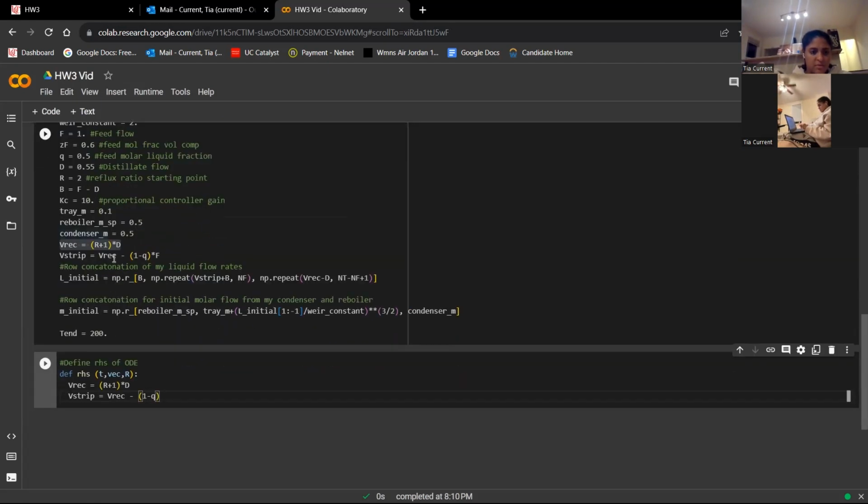V strip is equal to vrec minus 1 minus Q times F, like before.